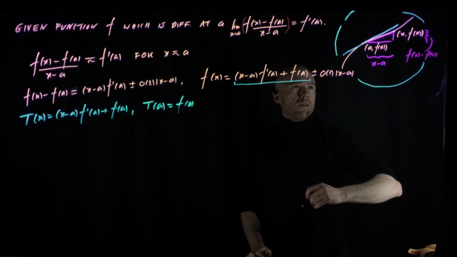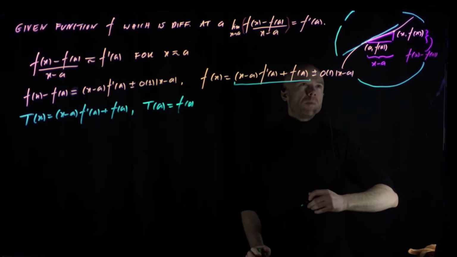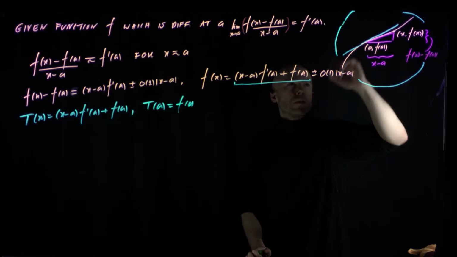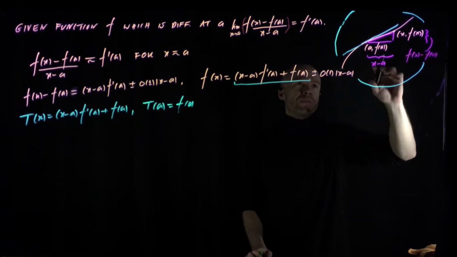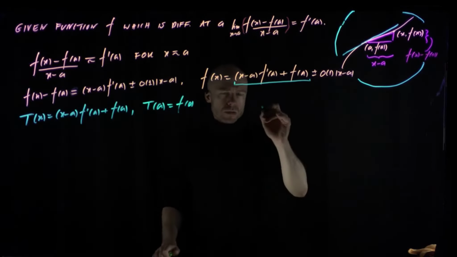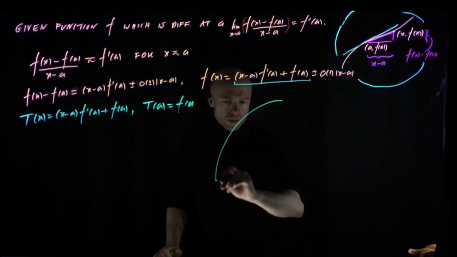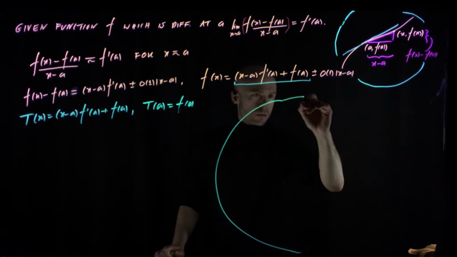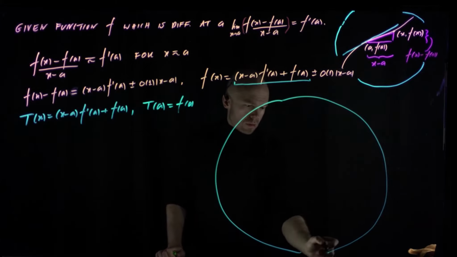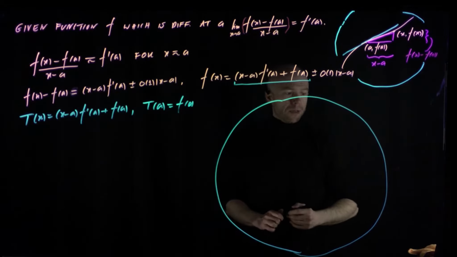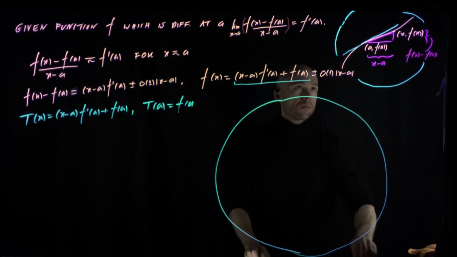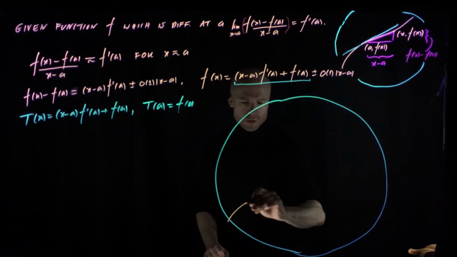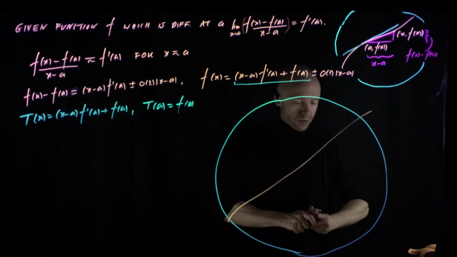I would normally blow this up, but I'm thinking that this picture is maybe big and is maybe good enough. Now let me blow it up. So if I blow this up to a bigger ball like this, what do I see? This is like the graph of our function.